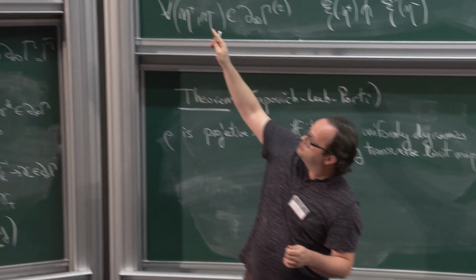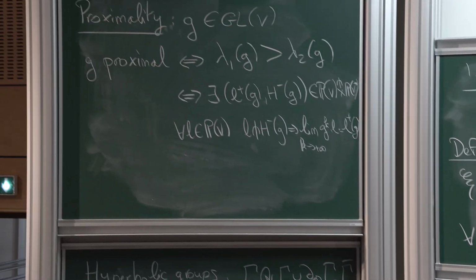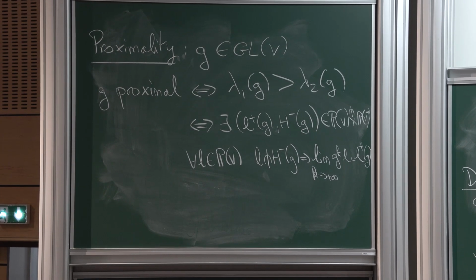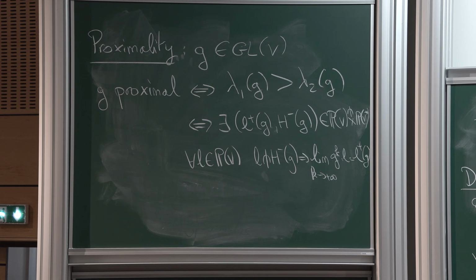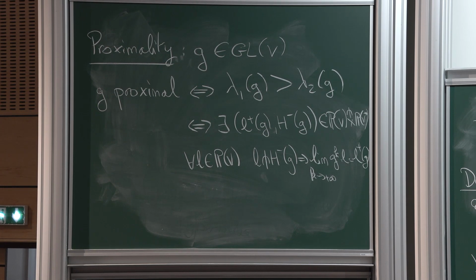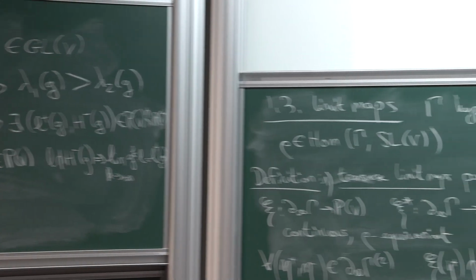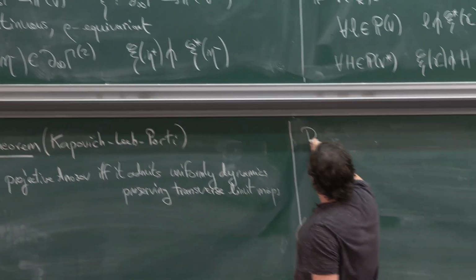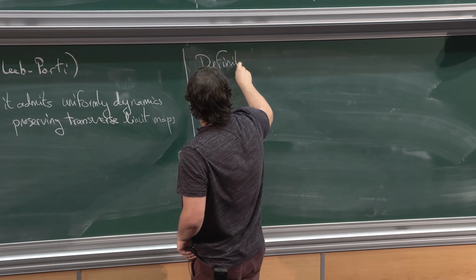But lambda 1 minus lambda 2 is conjugacy invariant, right? So it's not going to change. So you need to make sure that lambda 1 minus lambda 2 goes to infinity, but only for sequences that are going through infinitely many conjugacy classes, right? And in a hyperbolic group, there are nice ways of stating this. So this will be another definition.